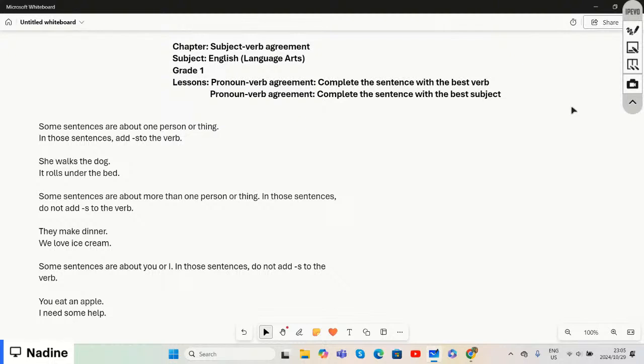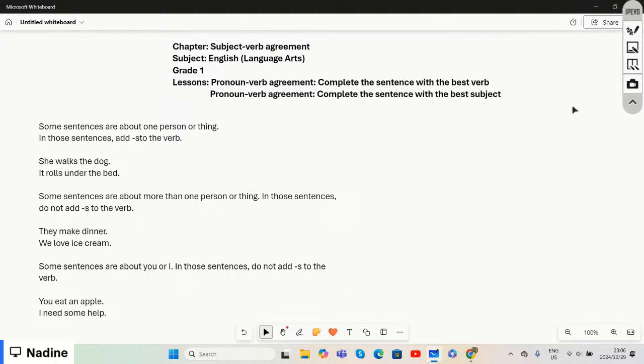So on today's lesson, we said that when it comes to subject verb agreement, your subject needs to agree with the verb. If one person, one animal, one place, one thing does something, then our verb needs to also be referring to that one person, and we call that singular.